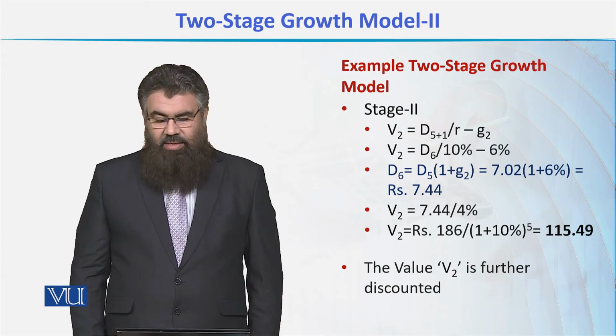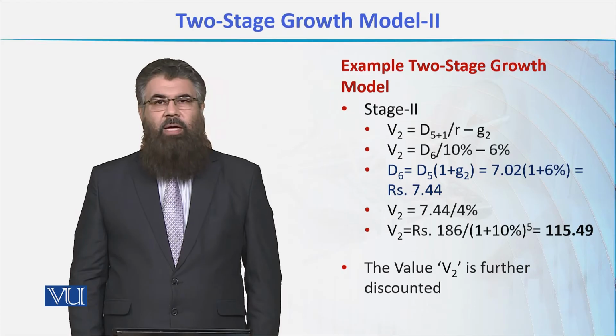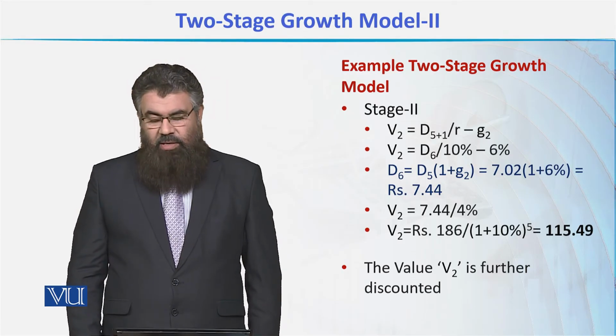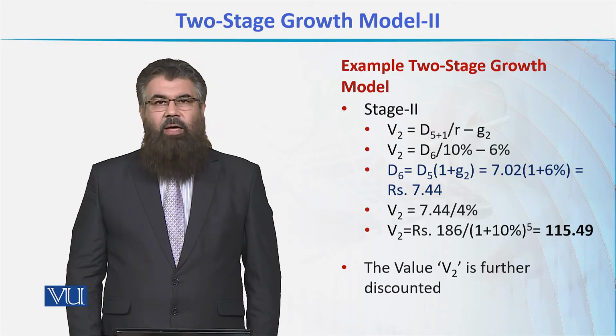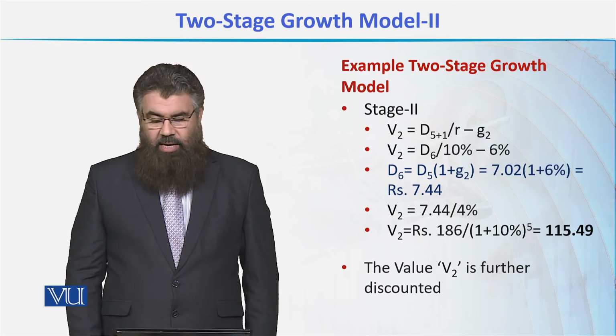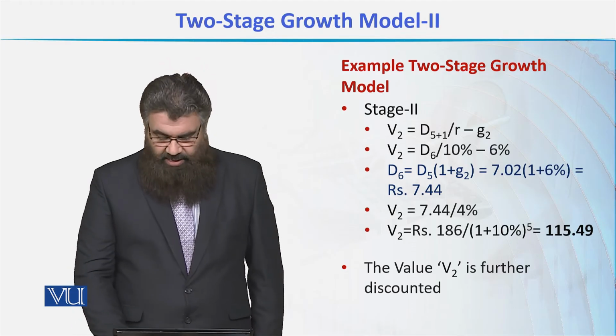This 186 rupees are further to be discounted, क्योंकि ये वैल्यू हमें 5वें साल के आखिर पे मिल रही है. तो इसकी भी प्रेजेंट वैल्यू हम निकालेंगे, and we get the final value of stage 2 equal to 115.49, और ये वैल्यू हमें पहले साल के शुरू पे मिल रही है.